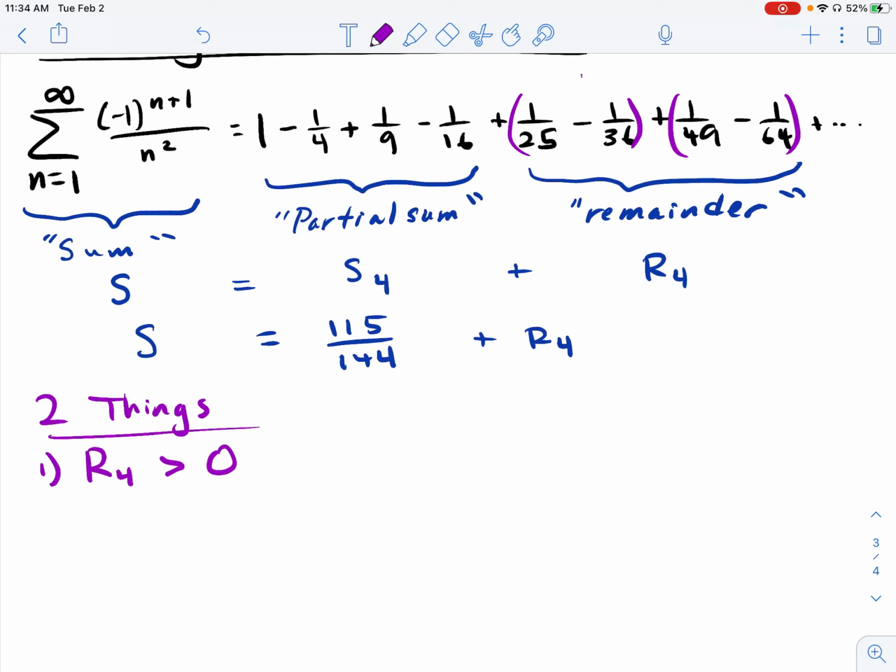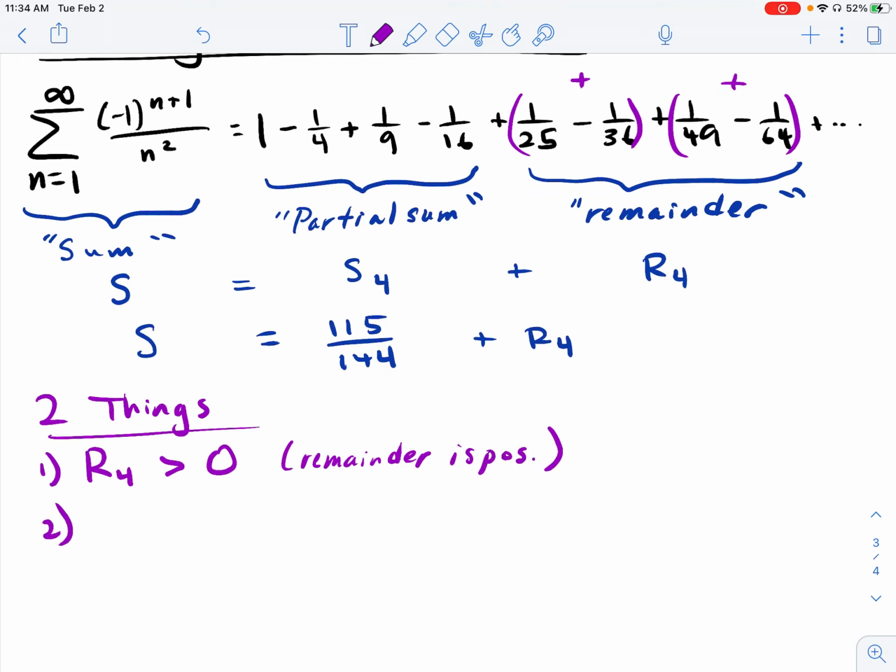In other words, this difference is going to be positive. And this next difference is going to be positive, and so on. So a remainder consists of the sum of a bunch of positive differences. Therefore, I know my remainder has to be positive.